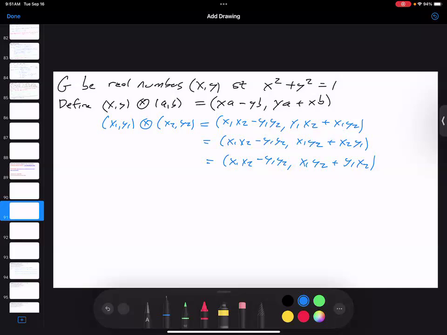And I'm basically having in each product the x's come first. And in the last one, is that the same? Sure, I'm just flipping the order of x2 and y1 as y1, x2. And this way I'm having all of them always have my first index be first.